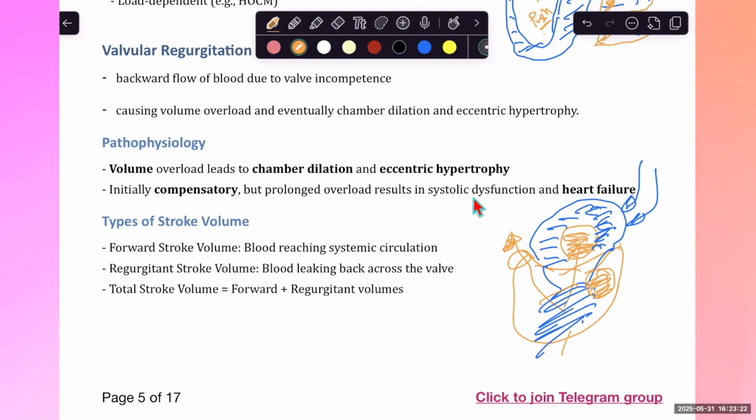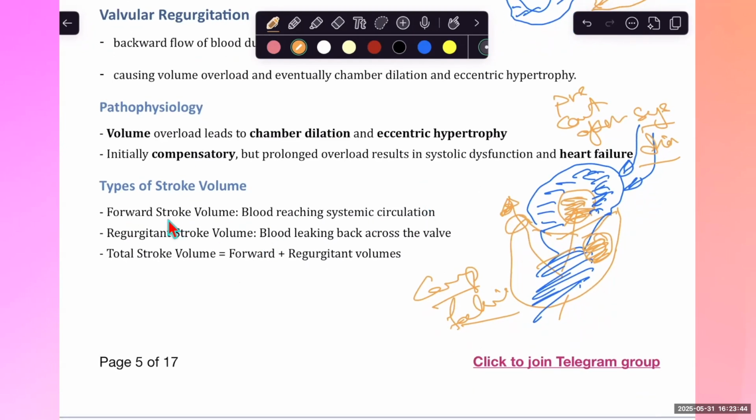You remember when we said any valve problem will cause preload problems, contractility, afterload, and systolic and diastolic problems. We will have a compensatory mechanism for a while, and then the compensation will end with failure. This is the sequel. I want you to keep it in your mind.